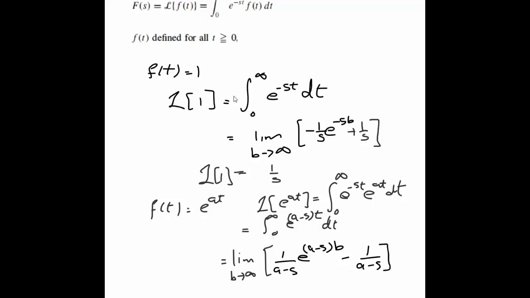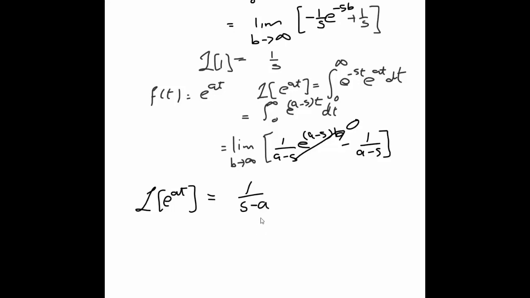Now if we let b go to infinity, of course this will all go to 0, and that'll leave us with just 1 over s minus a. So the Laplace transform of e to the at is 1 over s minus a.